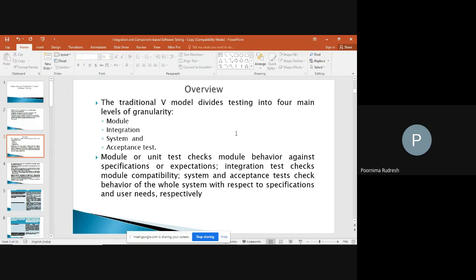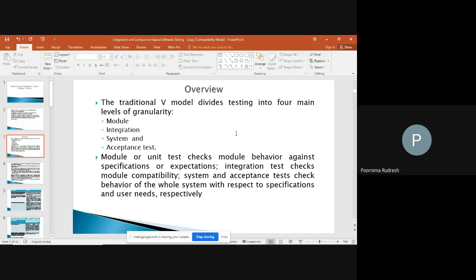First we'll see what a module test is, then we'll move on to the integration test, system test, and acceptance test. The module or unit test checks the module behavior or unit behavior against the given specifications or expectations. Understood?